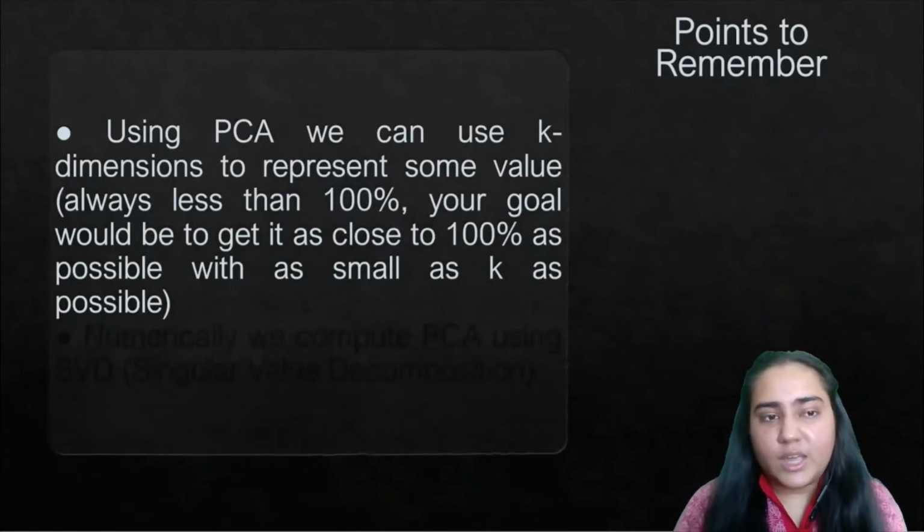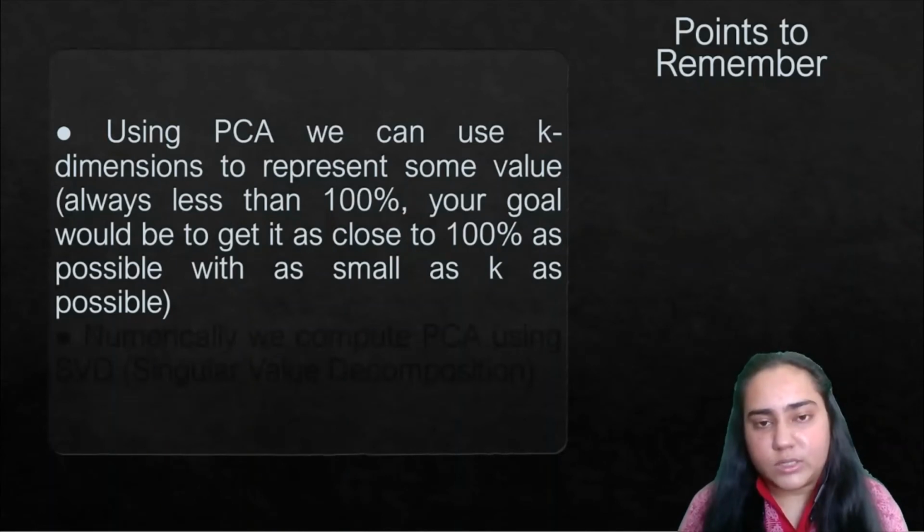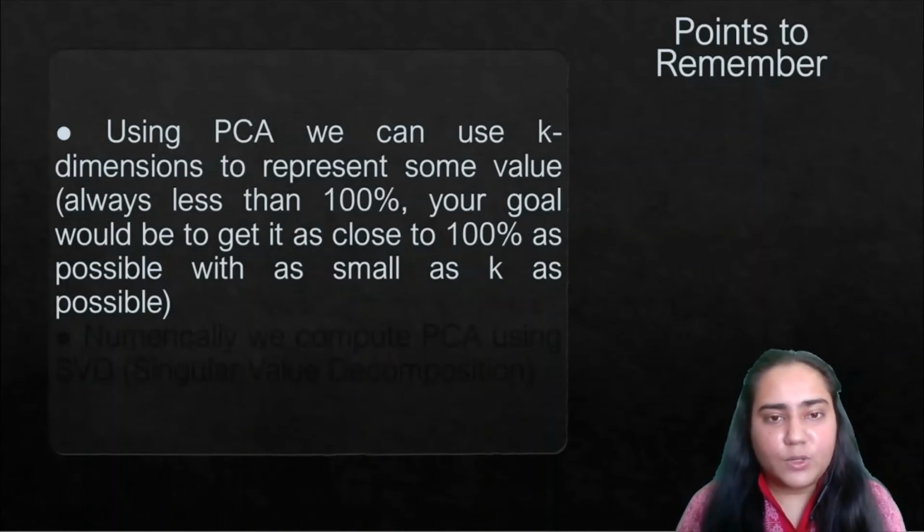Using PCA, we can use k dimensions to represent some value, always less than 100%. Your goal would be to get it as close to 100 as possible with as small a k as possible. So we want to reduce the dimensions, but not at the cost of losing a lot of information about our data set. Because you're performing compression, you will lose some information, but you don't want that to be, let's say, a 70% loss.